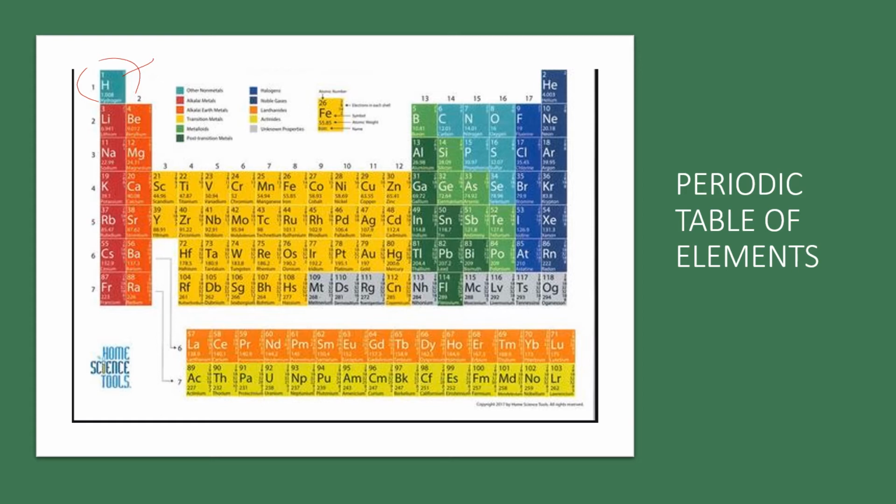That's a metalloid, and then we have a non-metal. So we can say across a period, the reactivity of metals decreases and the reactivity of non-metals increases.